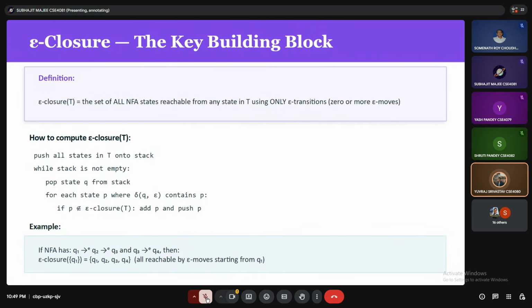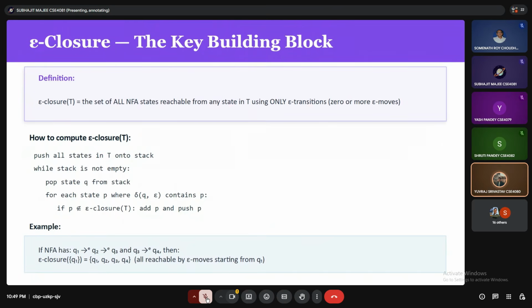Yes, sir. So now the closure, the key building block, in which we dive a bit deeper into the epsilon closure, which is truly the main part of this conversion process. The epsilon closure of a set of states is all the NFA states you can reach from them using only epsilon moves.